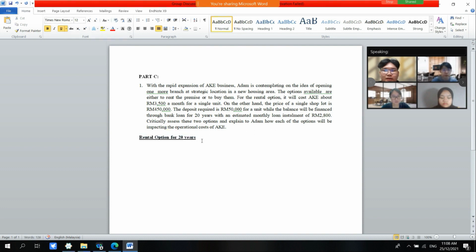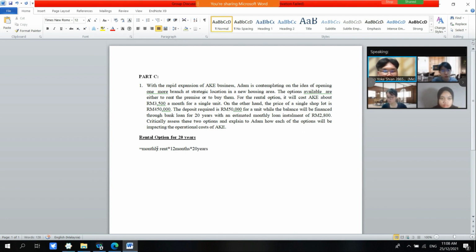I think the rental option for 20 years should be calculated like this. First, I will start with the monthly rent times 12 months times 20 years.